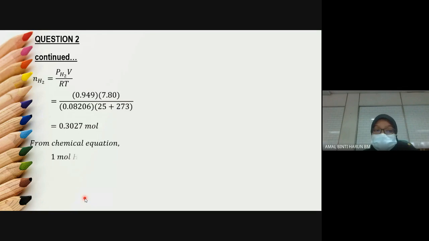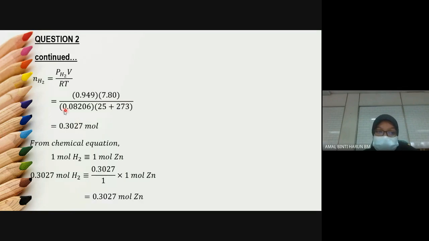Applying PV = nRT, we get the number of mole of hydrogen produced. One mole of hydrogen is produced when reacting 1 mole of zinc, so zinc is the limiting reactant.